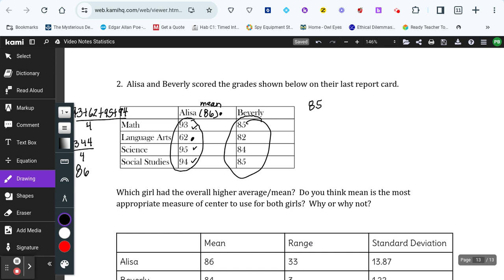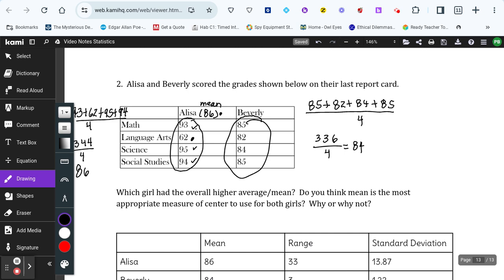Go back to Beverly. 85 plus 82 plus 84 plus 85. All right. And we're going to divide them by 4. 85 plus 82 plus 84 plus 85 is 336 divided by 4, which is an 84.